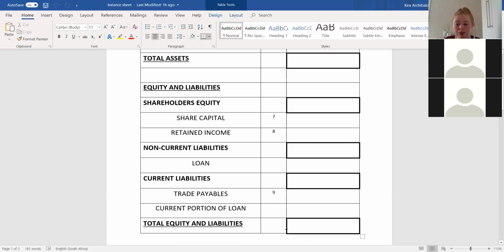This amount should equal total assets. If it doesn't, do not freak out, it doesn't matter. A lot of the time, you could have just made 1 or 2 mistakes, and to try and figure out where those mistakes were in an exam, it's not worth it because you get method marks.